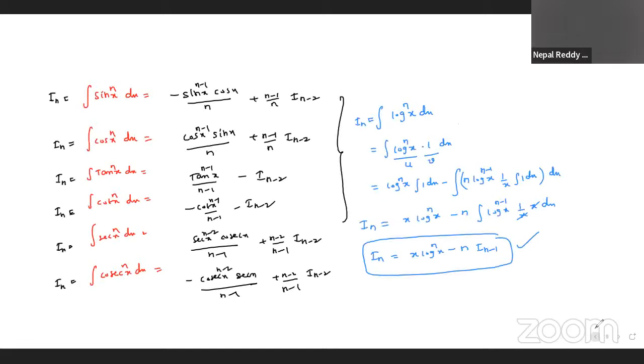Suppose, for example, integration of tan x whole power 5 dx is given. You have to use the formula I n equal to tan x power n minus 1 by n minus 1 minus I n minus 2. This formula we need to use.